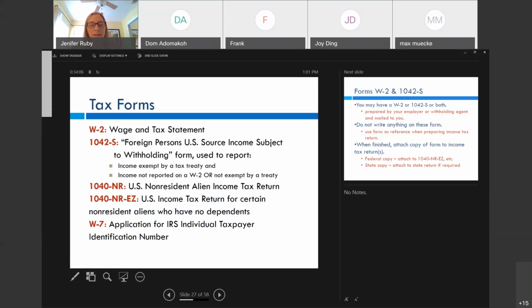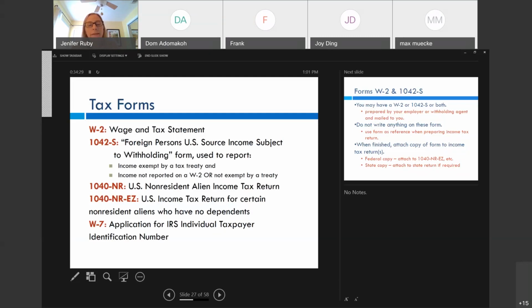And the W-7 is for anyone who does not have a taxpayer identification number, which is usually going to be your Social Security number. So if you had employment, then you would have applied for and received a Social Security number. So that's going to become your taxpayer identification number.